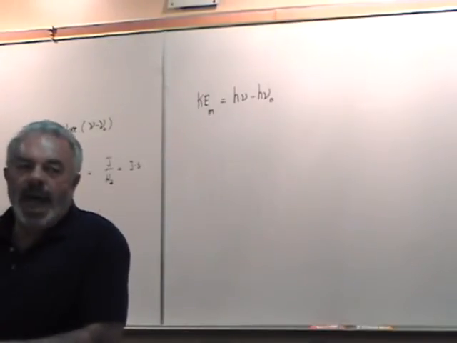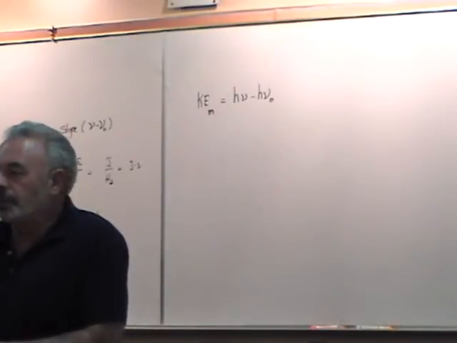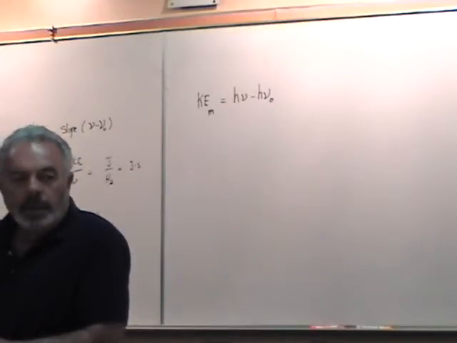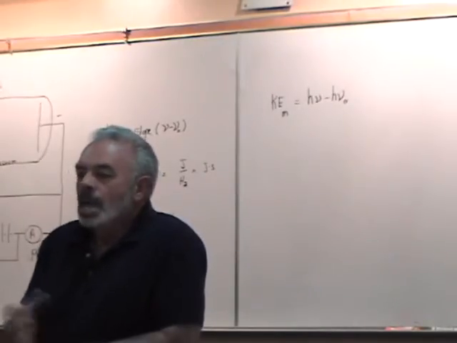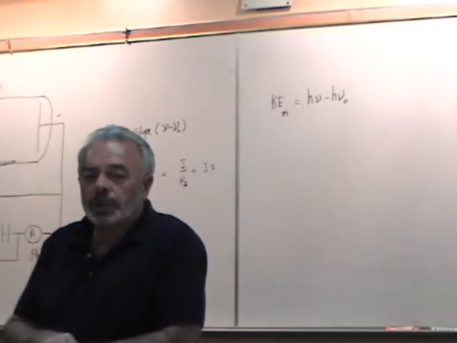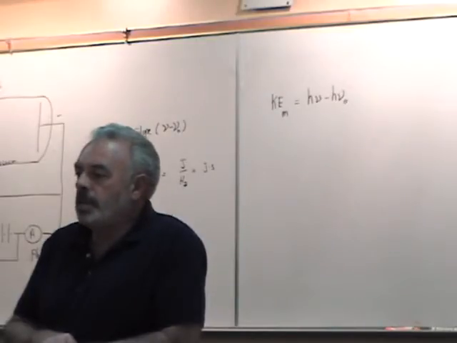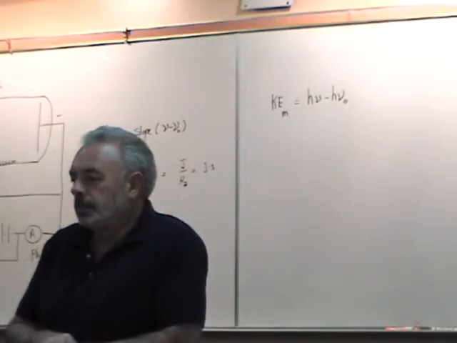Now that we're done with the math, let's take a couple of minutes and talk about the physics. The physics to me is the really interesting part. Anybody can do the math. But the physics is the interesting part. This photoelectric effect was first noticed by Hertz in 1888, but he didn't follow up.